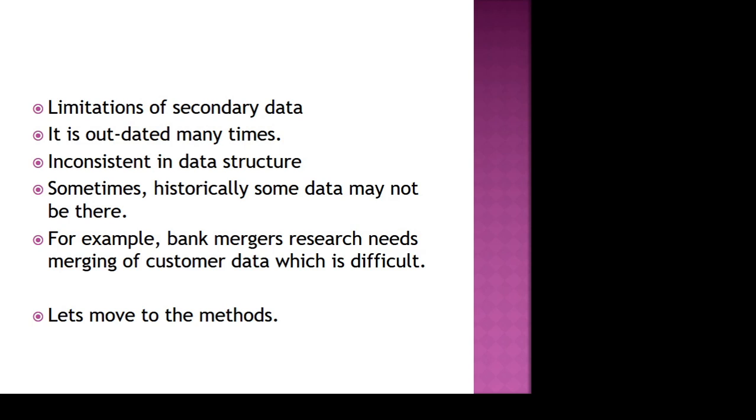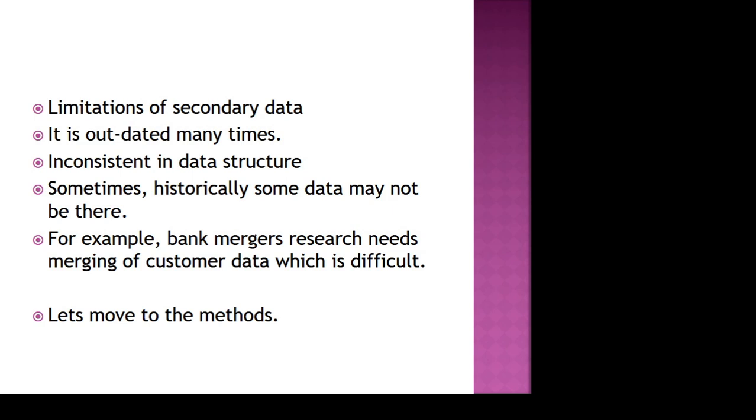Whereas in secondary source, the limitations are, yeah, no doubt, there are also some limitations. Like it is outdated many times from the time it is generated, from the time it is published, and from the time it moves into your own decision folder. It would have been outdated quite many times.